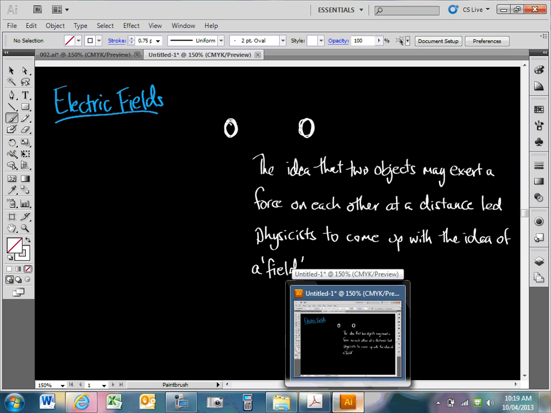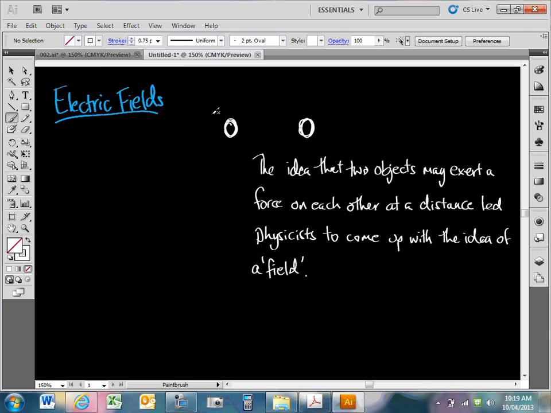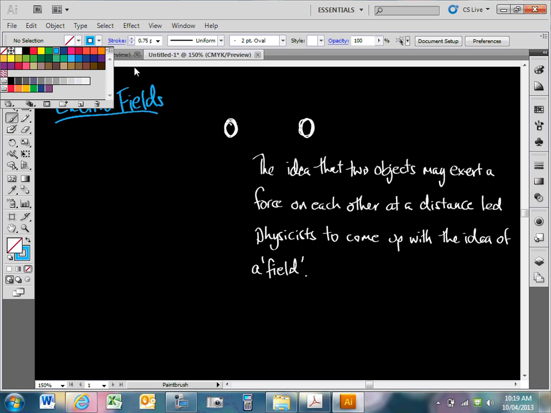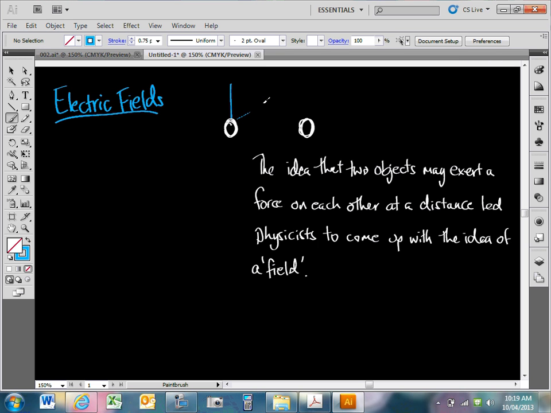The idea of a field. So I'll draw this in. I'll try and be consistent with how I draw electric fields. There's something that they do to the space around them. And I won't draw any directions yet or any magnitudes.